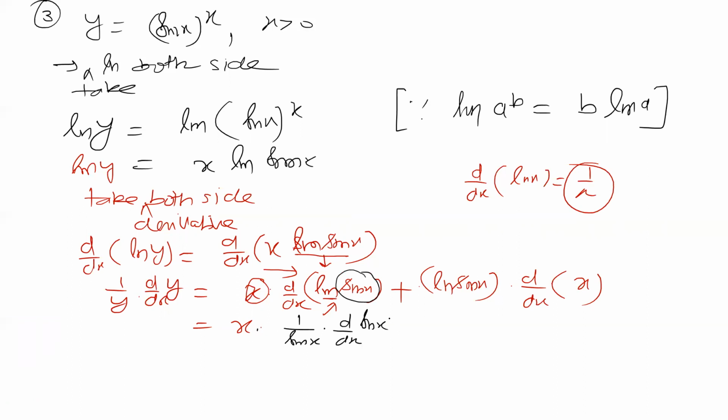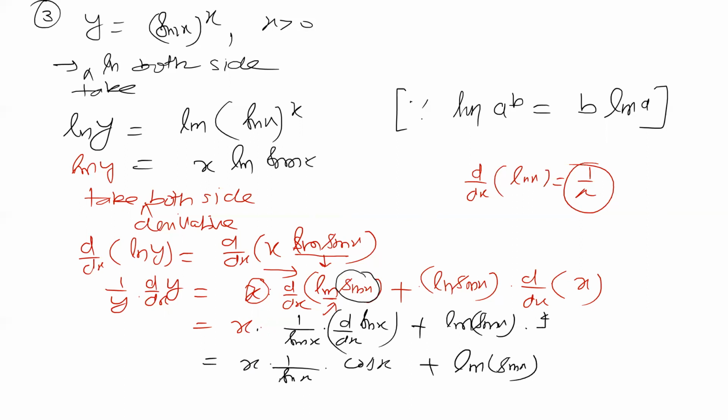Here sin x plus ln sin x into the derivative of x, you will get 1. Then 1 by sin x into sin x, we will get cos x plus ln sin x.